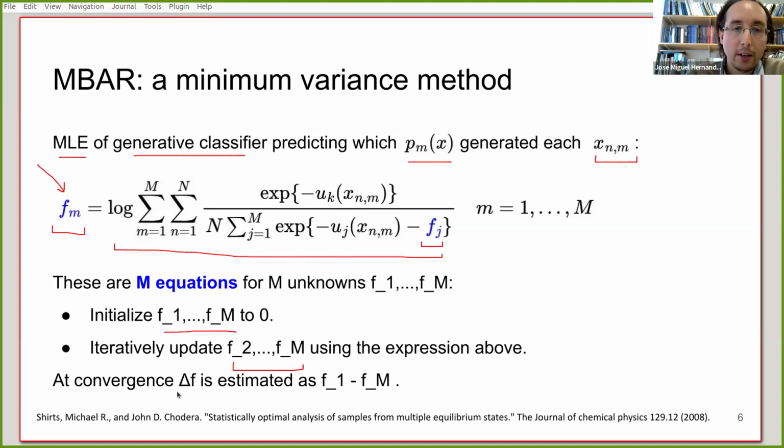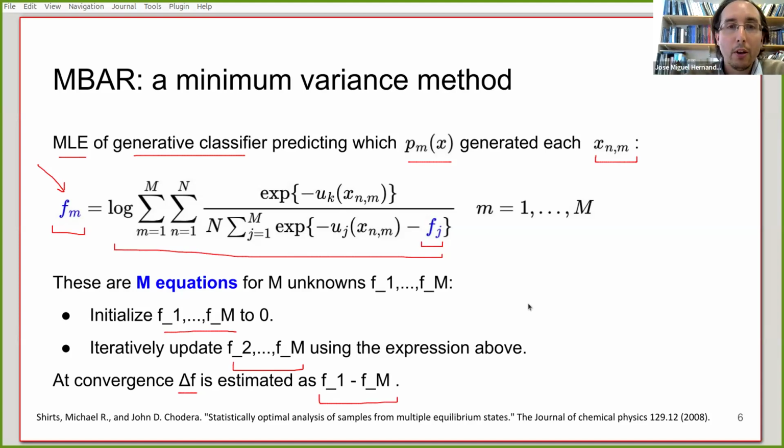And at convergence, this free energy, or the difference between log normalizers, you can obtain it by just calculating the difference between the estimated log normalizers for the first distribution and the last one. Okay, so this is great. MBAR is actually the state-of-the-art method to estimate these free energy differences, and is guaranteed to have minimum variance, which is great.